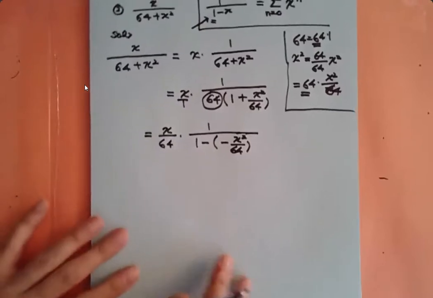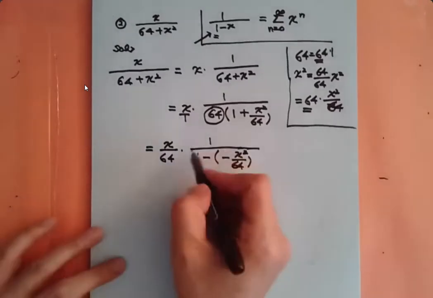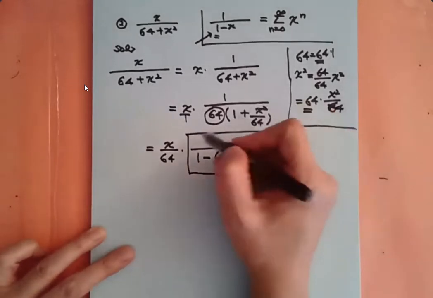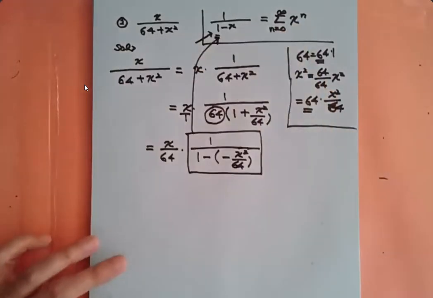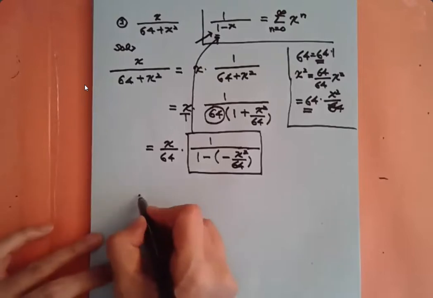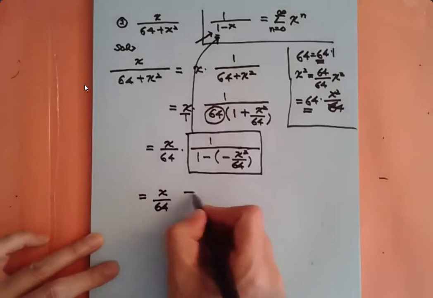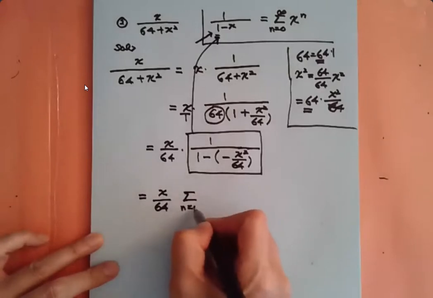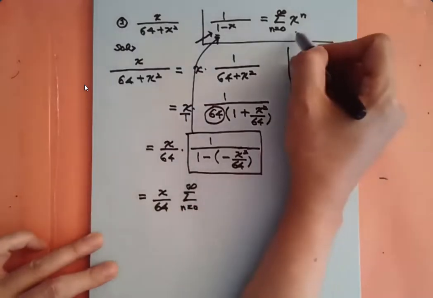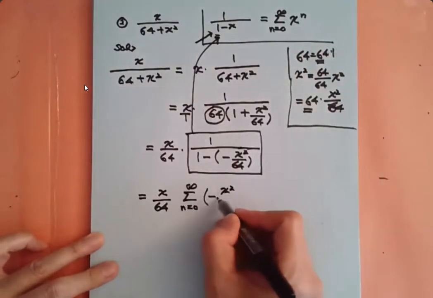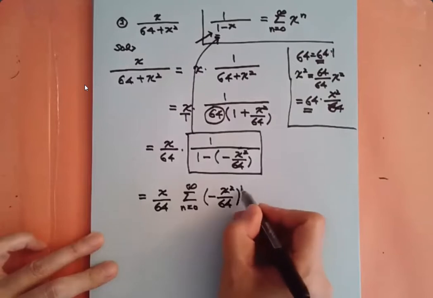And then we are making this part fit into this format. Instead of x, we have negative x squared over 64. So we can write x over 64, and then this part will be the summation n equals 0 to infinity, where instead of x, we write negative x squared over 64 to the n power.